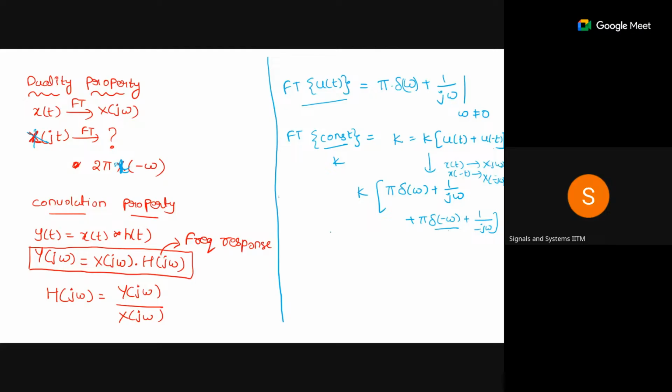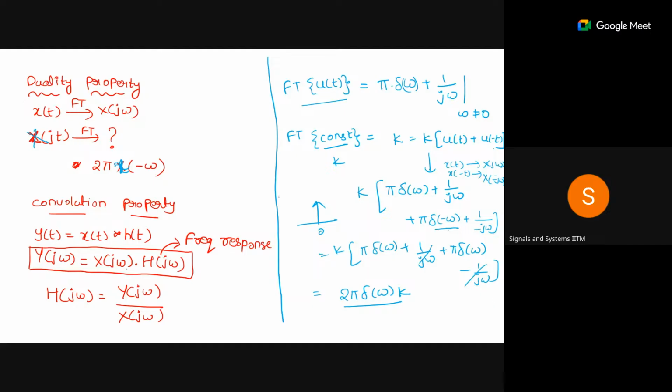Since delta is an even signal, delta omega or delta minus omega will be the same. So it will be pi delta omega plus 1 by j omega plus pi delta omega minus 1 by j omega. Here both terms get cancelled. As a result, we get 2 pi delta omega times k for the constant.